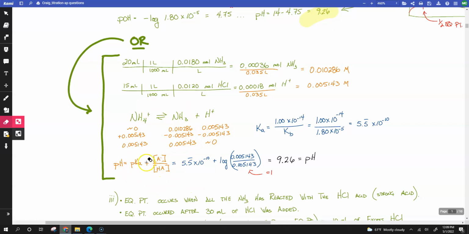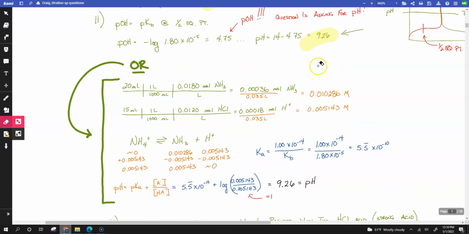And whether you like using the Henderson-Hasselbalch equation or not, you can use the Ka or the Kb equation, plug that in to find out what your pH is. But notice that these two values are the same here. So in that case, let me double check here. I meant to highlight that. So this pH here is the same as the pH up there.